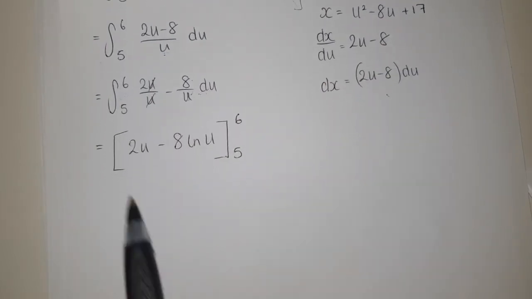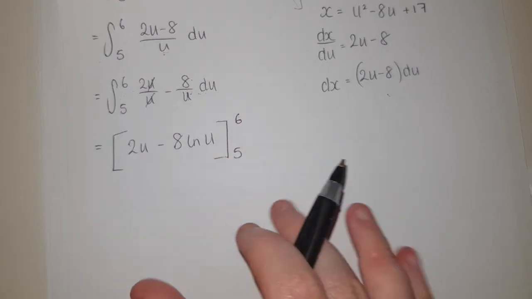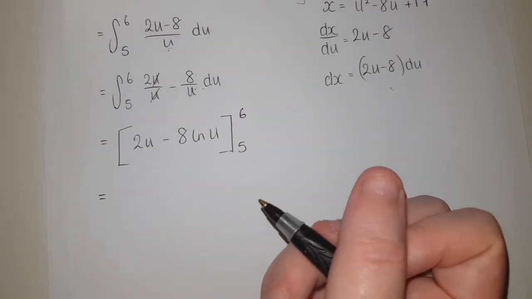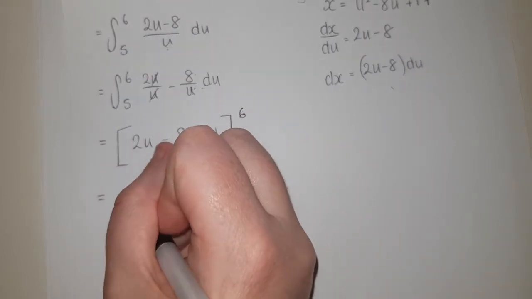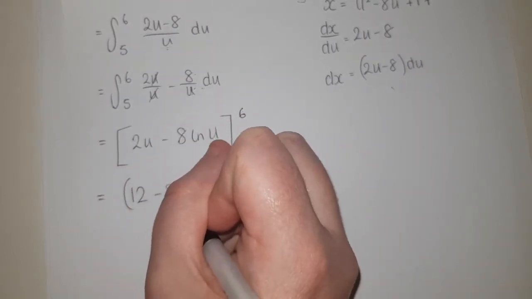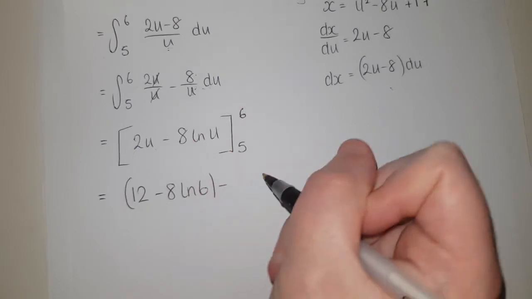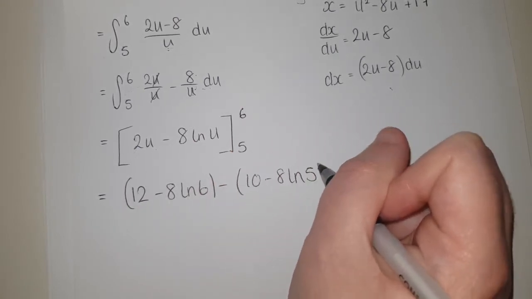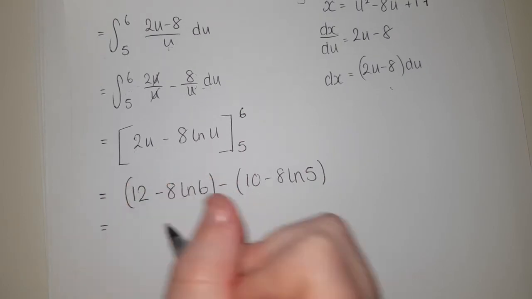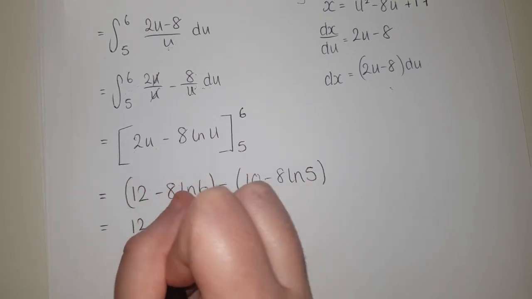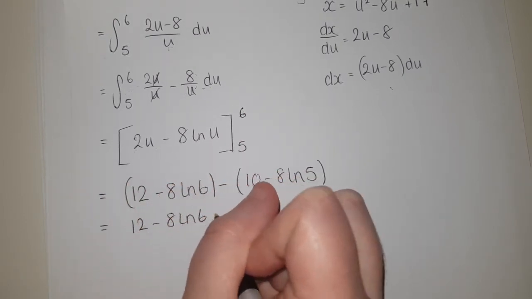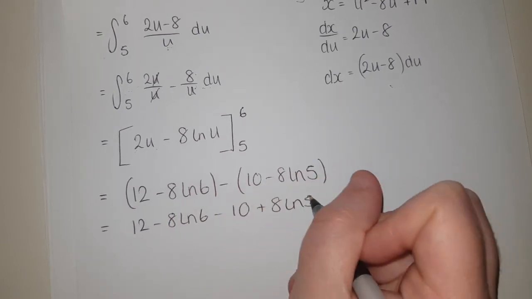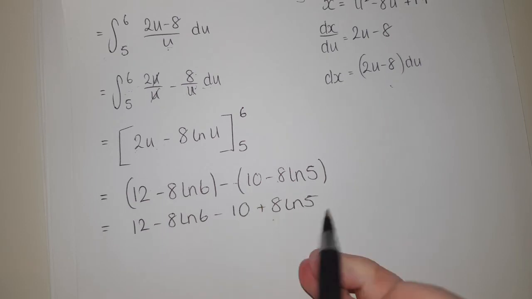Okay. Now that we've integrated, we're just going to chuck in 6 and 5. They do want the exact solution, so again, you're going to avoid using your calculator. So 2 times 6 is 12, minus 8 ln 6, minus 2 times 5 is 10 and 8 ln 5. Actually, if I write it all out just so that you don't get lost on any of the minuses. Okay, be careful there, you've got 2 minuses, so that does become a plus.